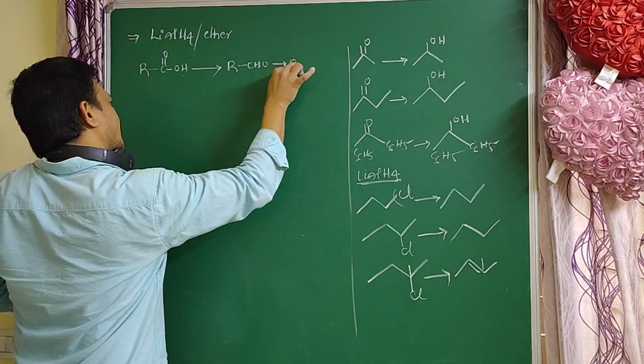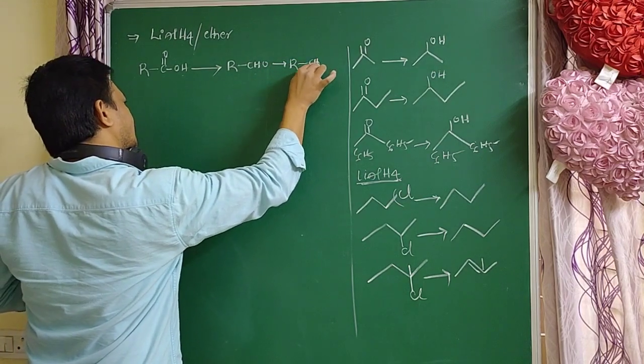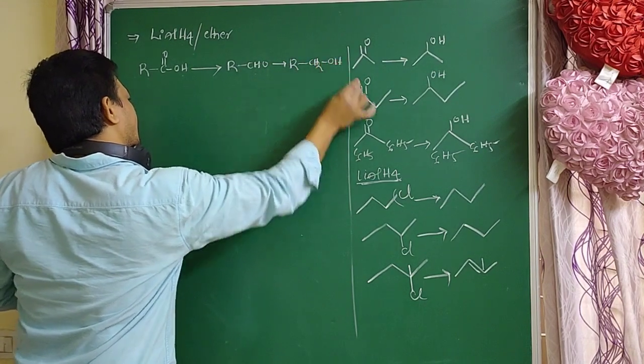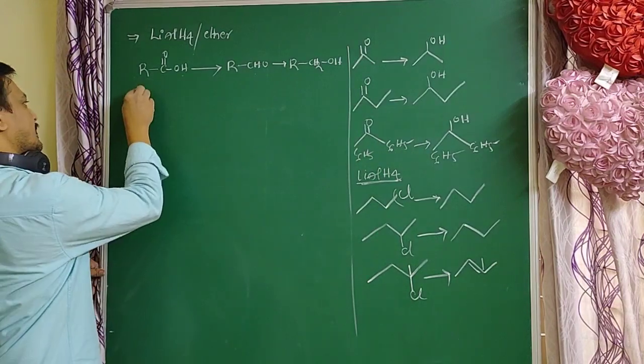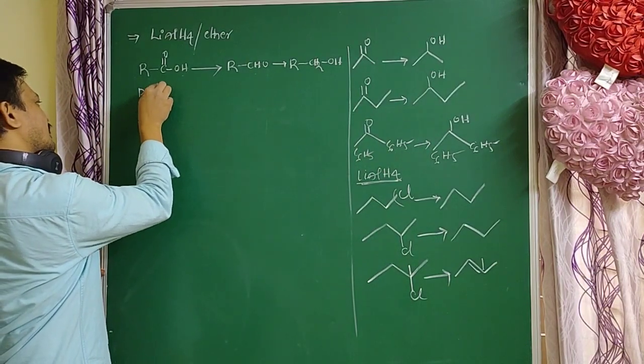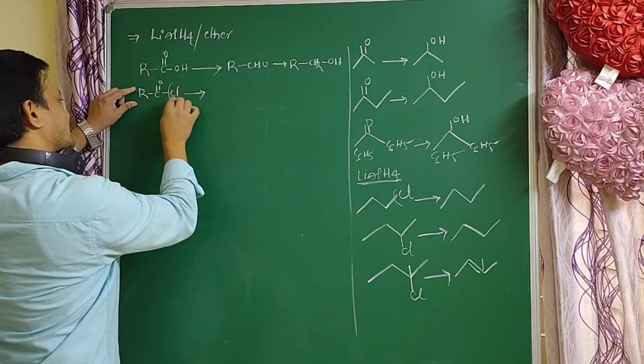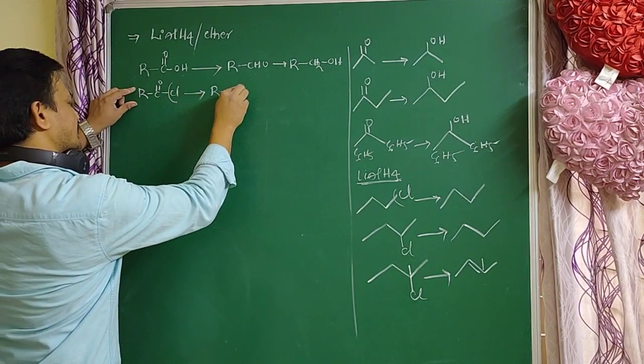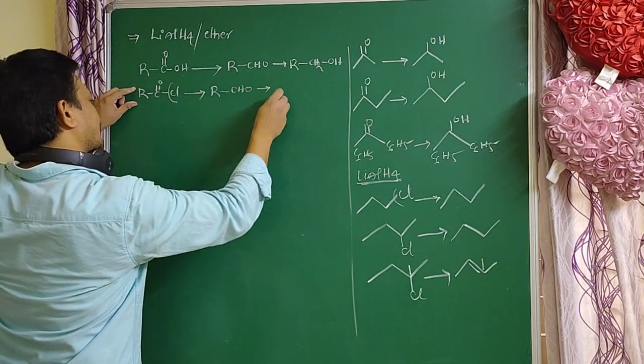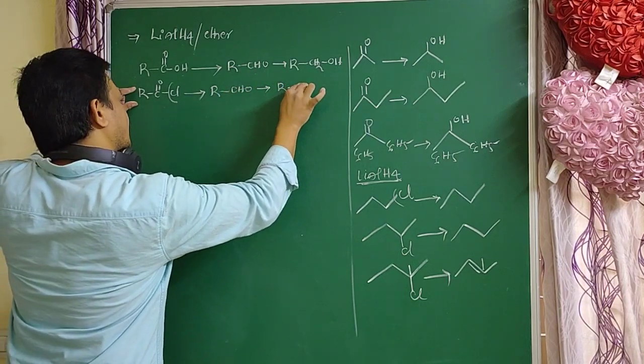Aldehydes are converted to primary alcohols. For all acid derivatives, remove here and add hydrogen. First they convert to aldehydes, and aldehydes are converted to primary alcohols.